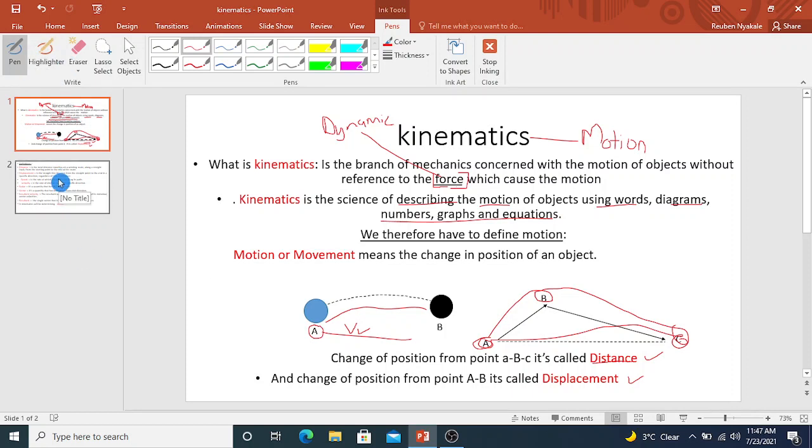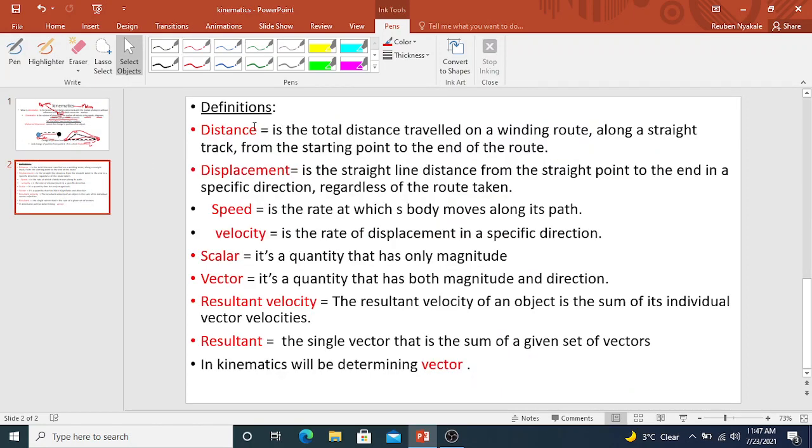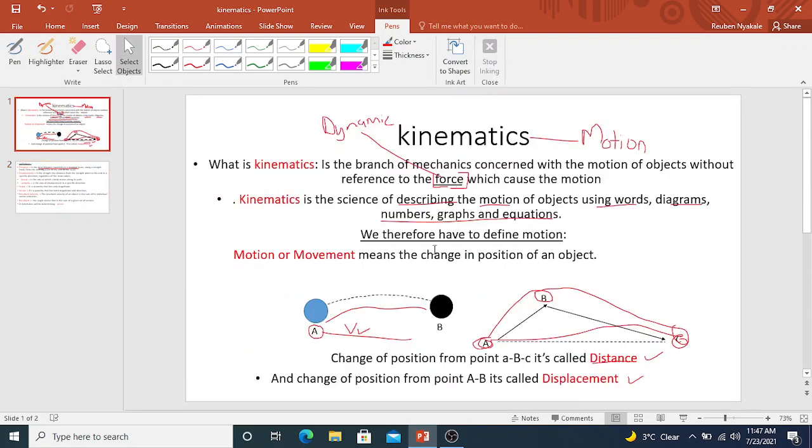Now let's go to the definitions of kinematics. Distance is the total distance traveled on a winding route. If you can check here, as you are changing position from point A to point B to point C, that's a winding route.